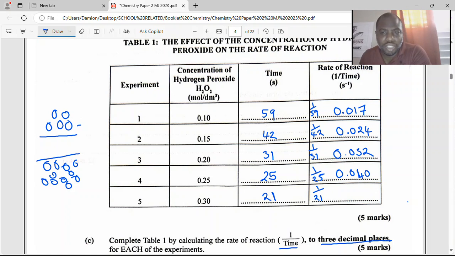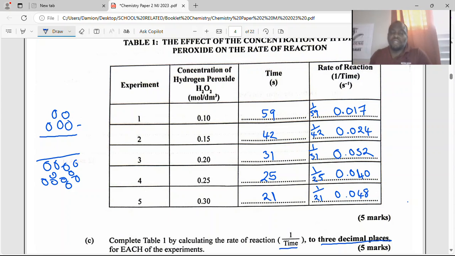Is there anybody who is not following what is happening? Everybody is okay? So 1 divided by 21 gives 0.048.